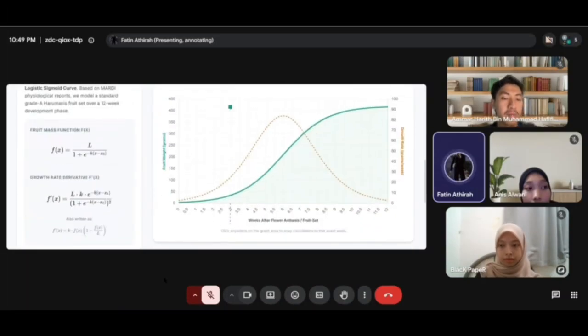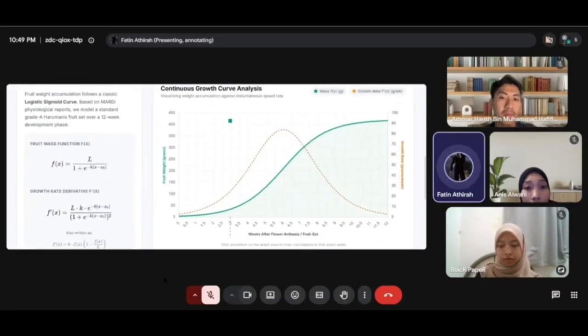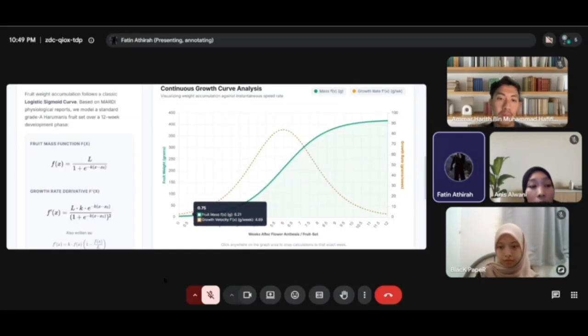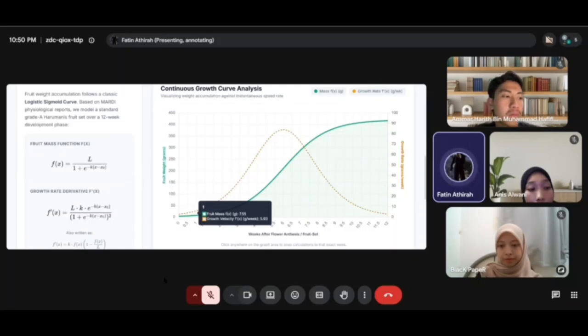So, as you can see, the first point is the instantaneous growth rate. It tells us exactly how many grams the mango is growing per week at this very moment.